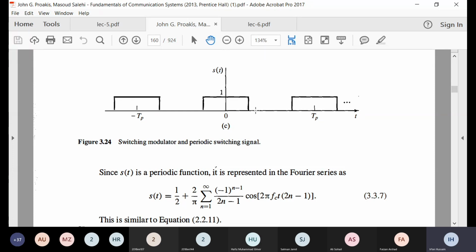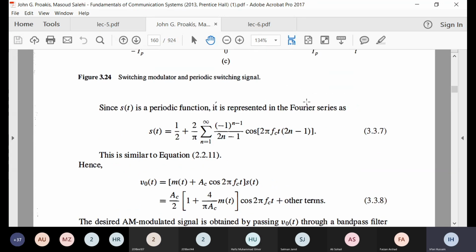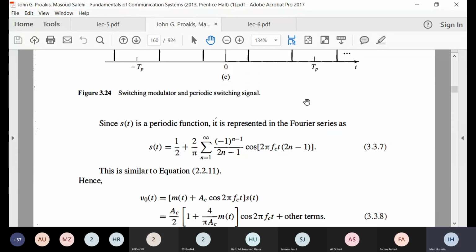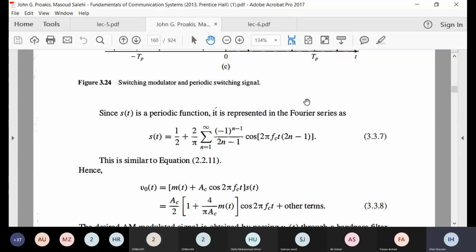You will be getting a 1 here, so I can make its Fourier series. This has also been done in chapter 2. You will just multiply this s(t) with your sum signal.